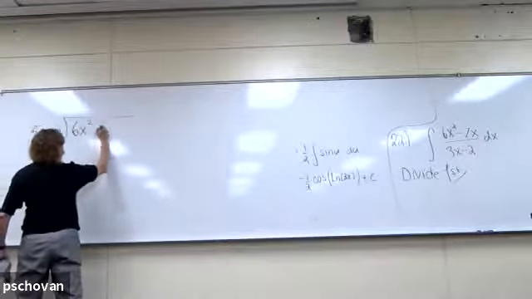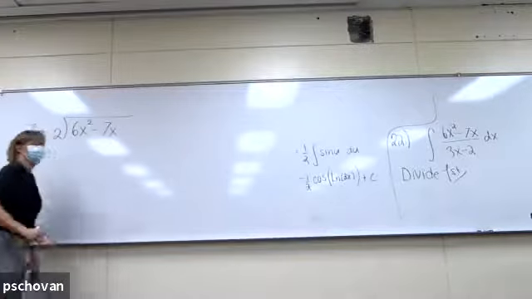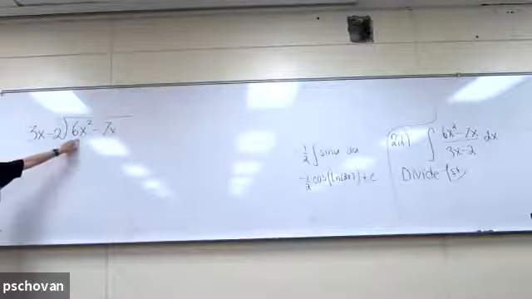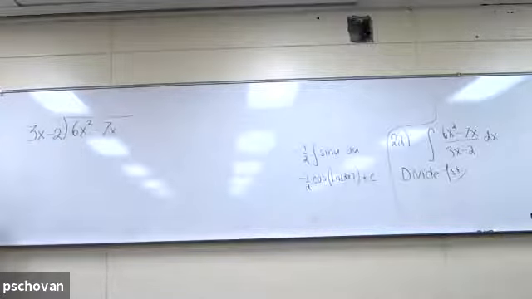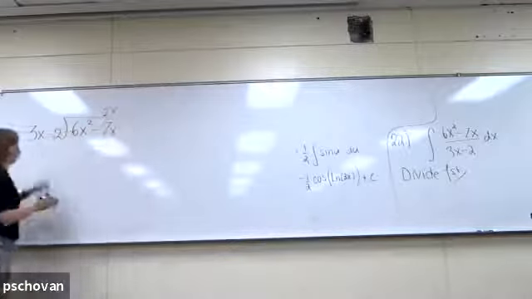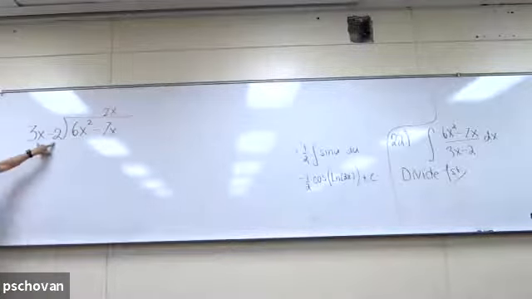Look at the first term: what do I multiply 3x by to get 6x squared? Looks like I'm going to need a 2x. And take that 2x times both of those and line them up.